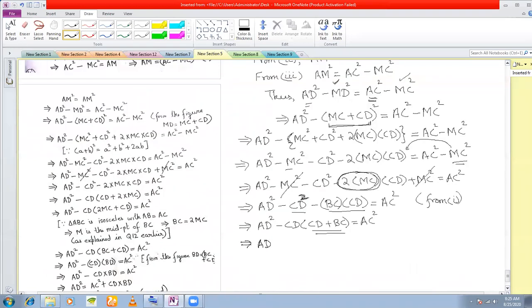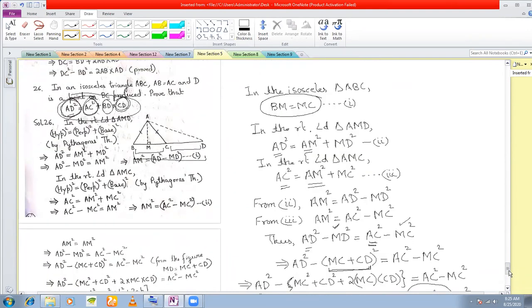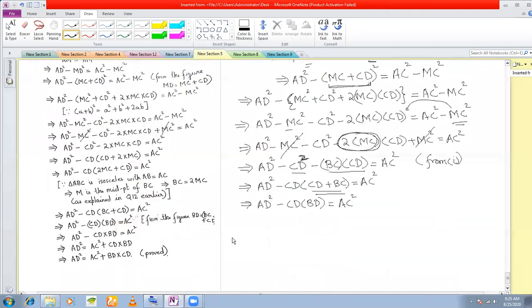AD square minus CD into BD is equal to AC square. Now I think I have got the proof. So AD square is now equal to AC square plus CD into BD, which is the required proof.